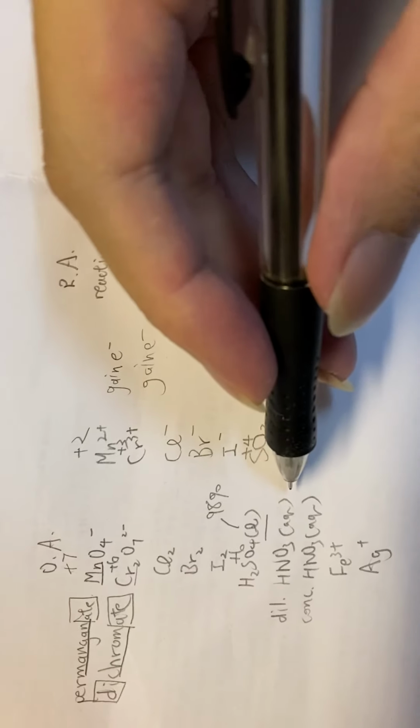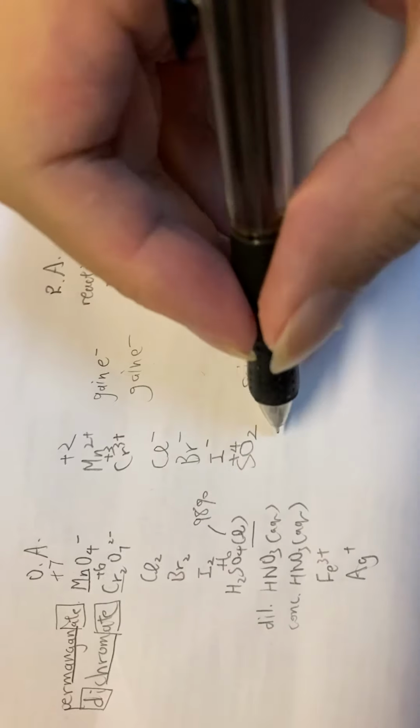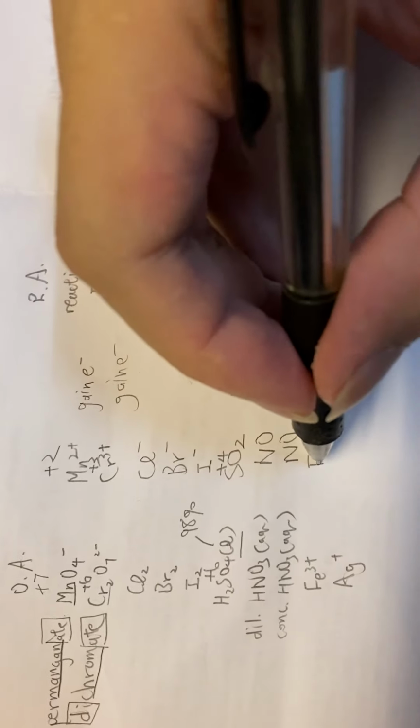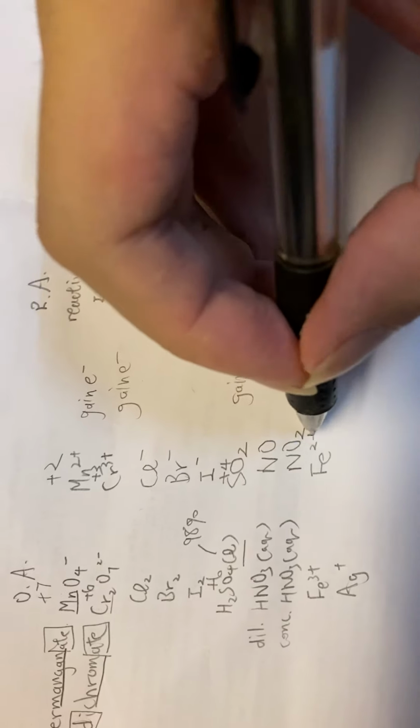And for nitric acid it is somewhat complicated because you have to identify whether it is the diluted case or the concentrated case, and the products are NO and NO2 respectively. And for the rest of the species, Fe3+, iron 3 ion, will reduce back to Fe2+ if it acts as an oxidizing agent.